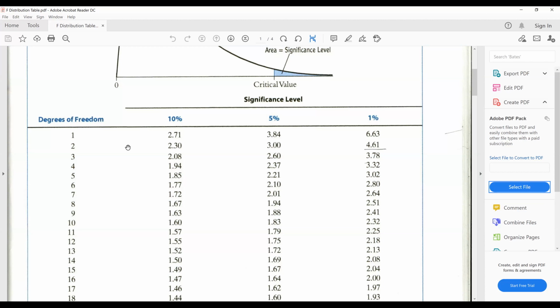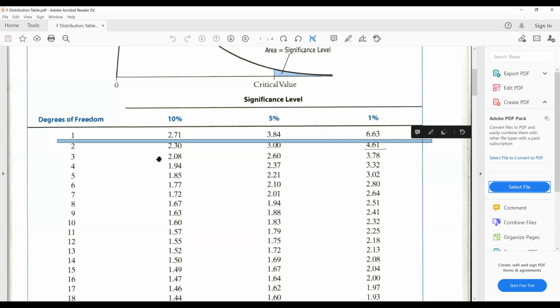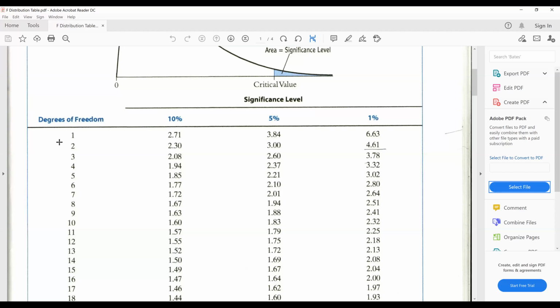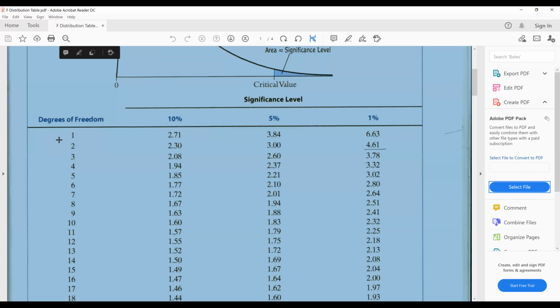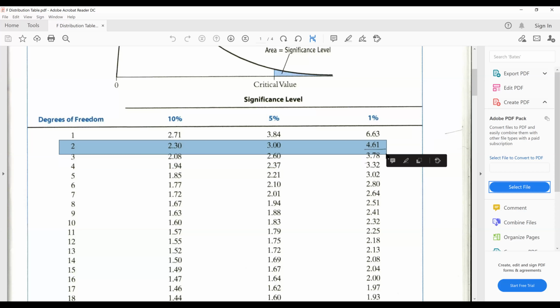So we have 2 restrictions. So we are in this row, but also we are in this column. So what is the critical value for that stat?